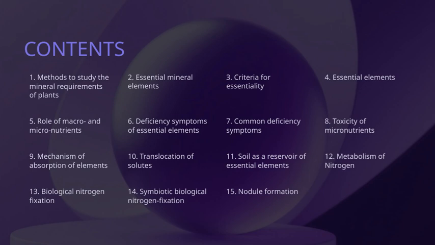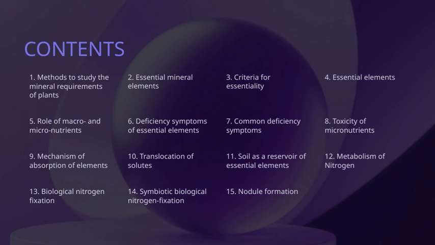Biological nitrogen fixation, as a broader concept, includes both symbiotic and free-living bacteria that convert nitrogen gas into ammonia, which plants can assimilate. Deficiency symptoms of essential elements are specific signs that indicate a particular nutrient is lacking, such as chlorosis or stunted growth, guiding us toward proper intervention.